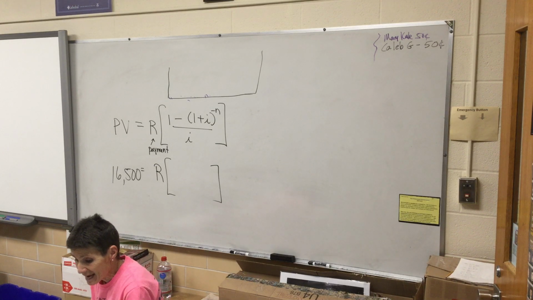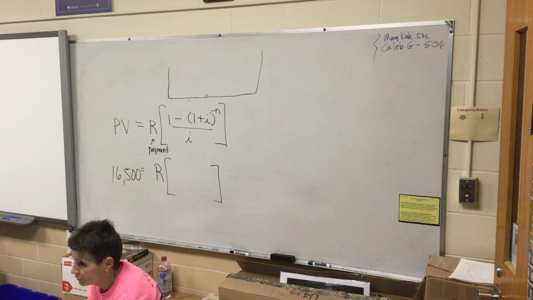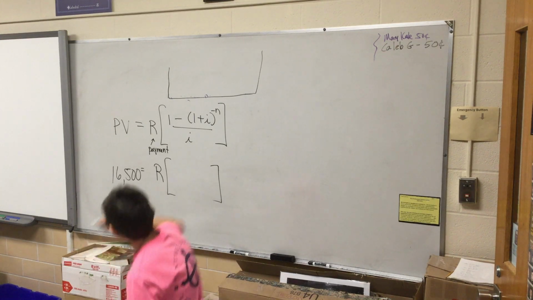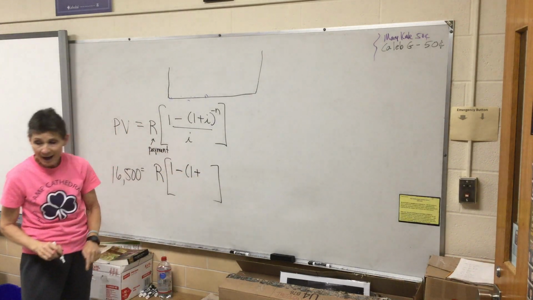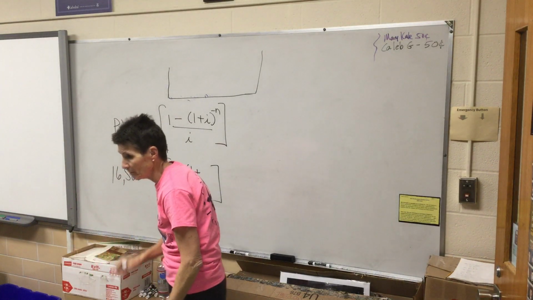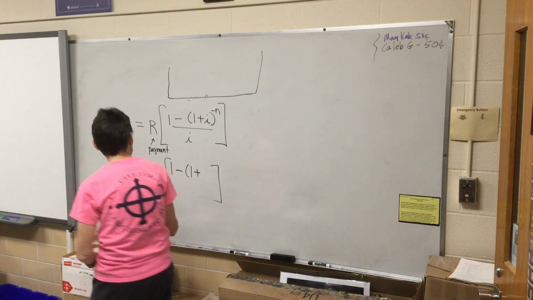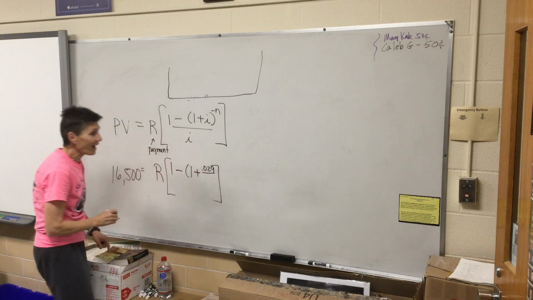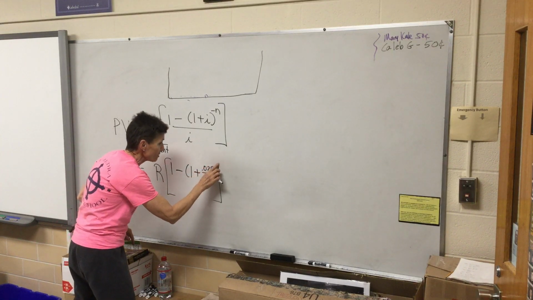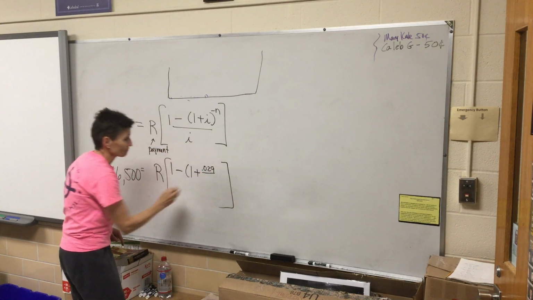Now, the annual interest rate is 2.9%. I is the interest rate in this problem, but when you do the I in these formulas, it's a little bit different. You take your interest rate, which is 0.029, but you have to divide it by the number of payments in a year that he's making.